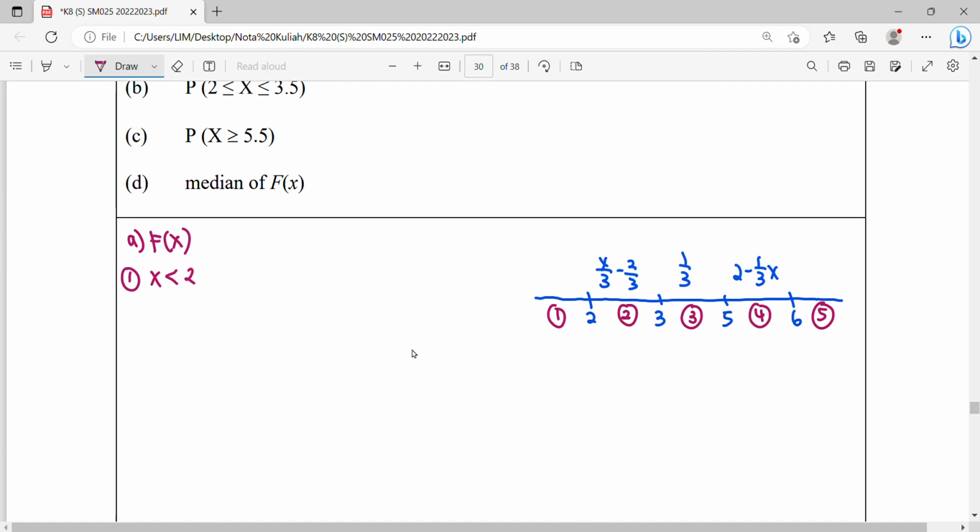Kita tak ada equal lah, jangan ambil equal sebab equal 2 tu dimasukkan dalam interval 2 to 3 already. So for F besar, the concept is you will need to take before plus current interval. Before that we have nothing. Current interval also we don't have any function, so your probability here is 0. Okay, so done. First step.